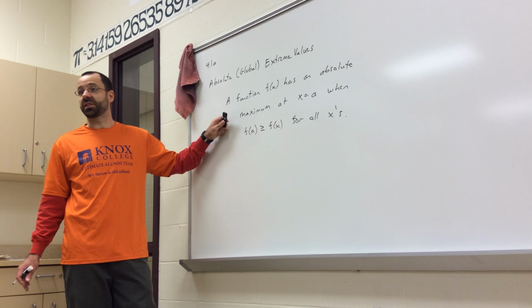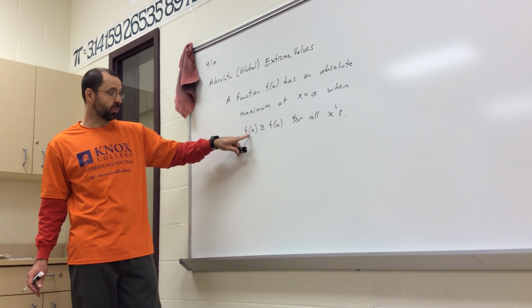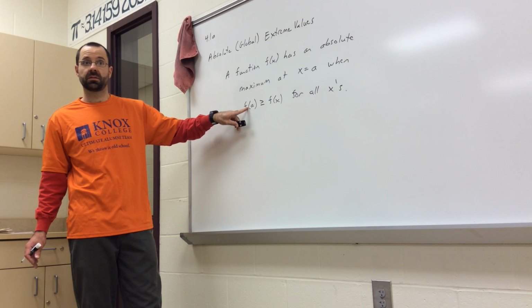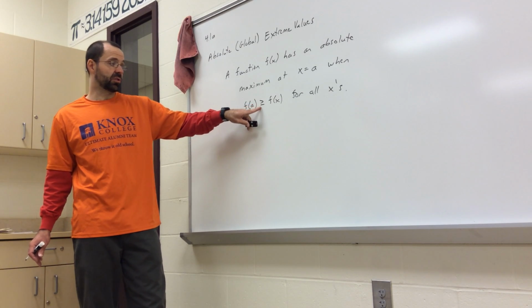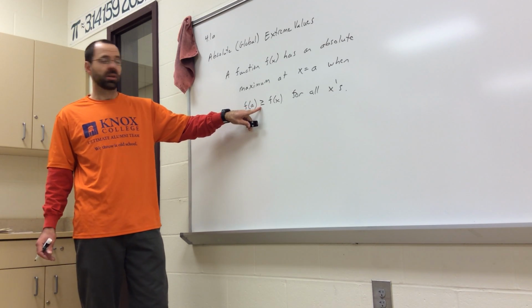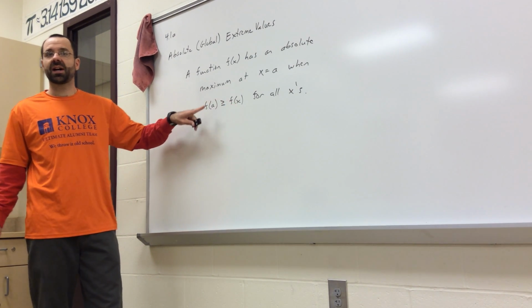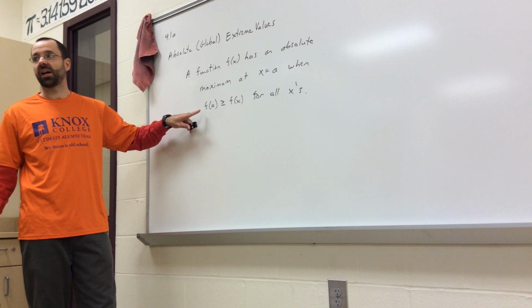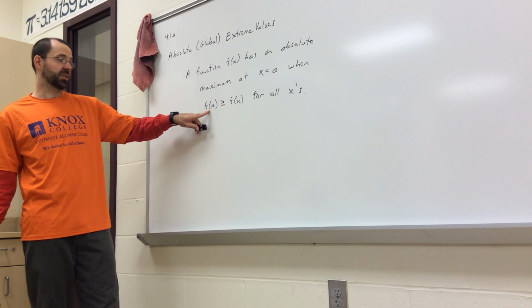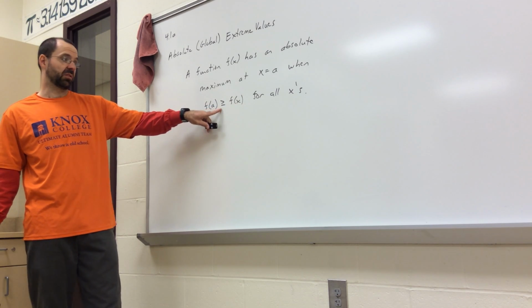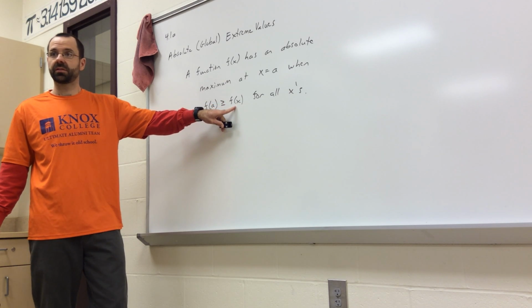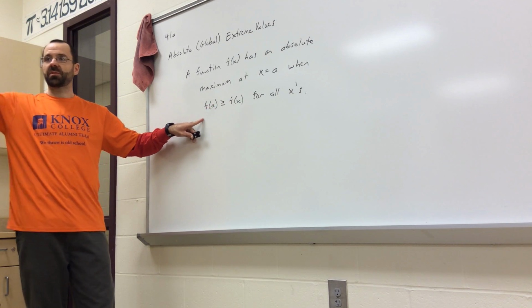So what that means is that this y value is larger than, or it could be equal to, all the other y values. So it's the highest point out of all the points. This y value at a is bigger than all the other y values. So that's called the absolute max.